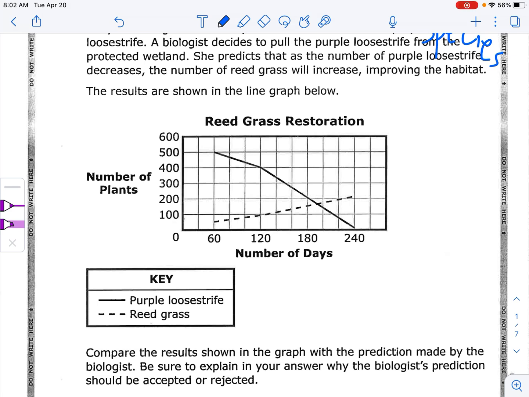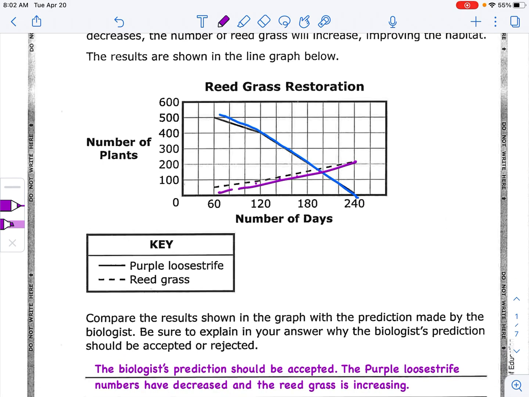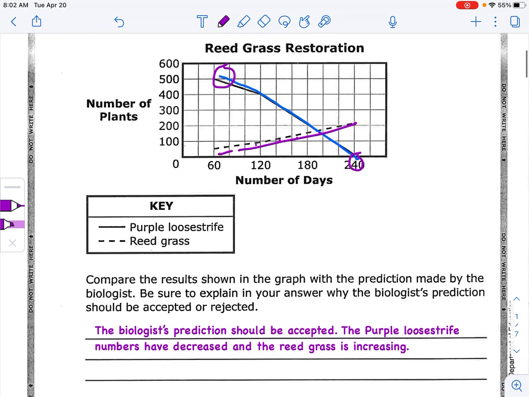The solid line is going to be our purple loosestrife, and the reed grass is going to be the dotted line. So over time, this is a line graph, it appears that the purple loosestrife numbers have decreased down to 0. So that's a good thing.